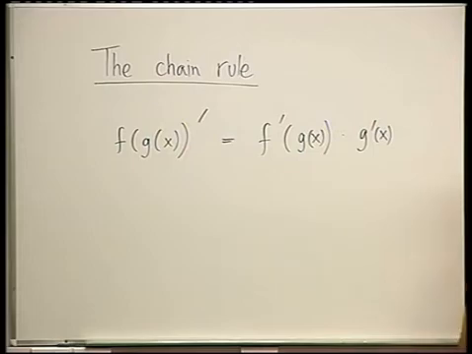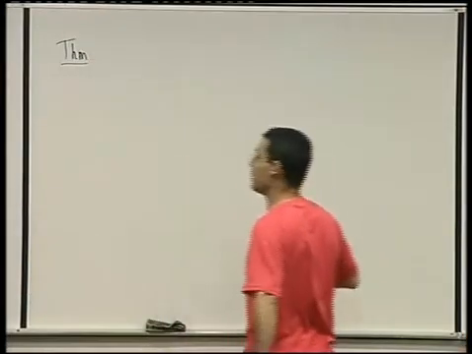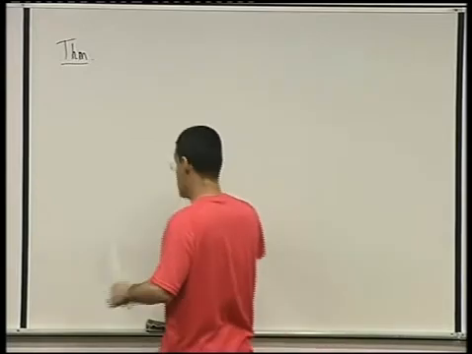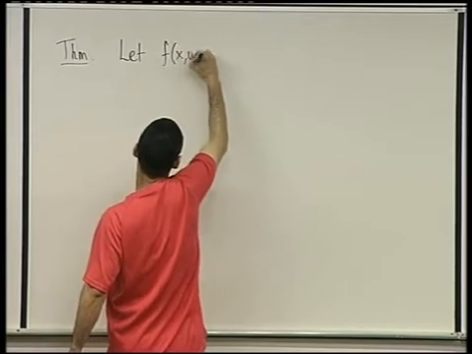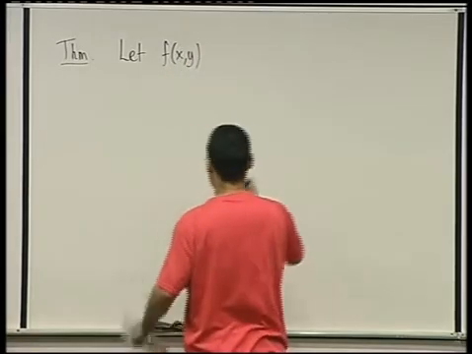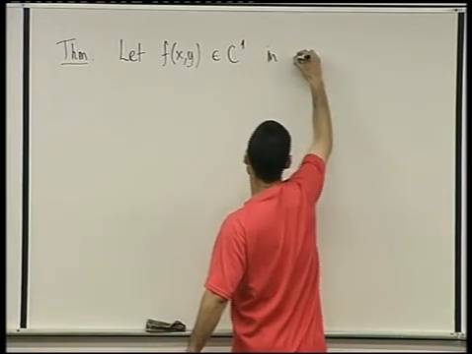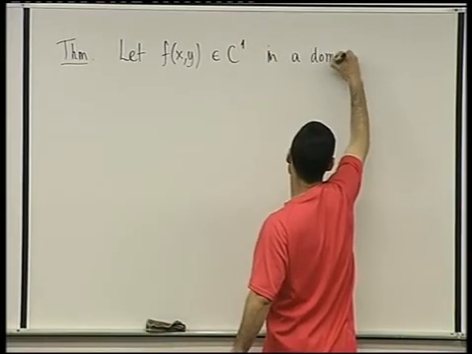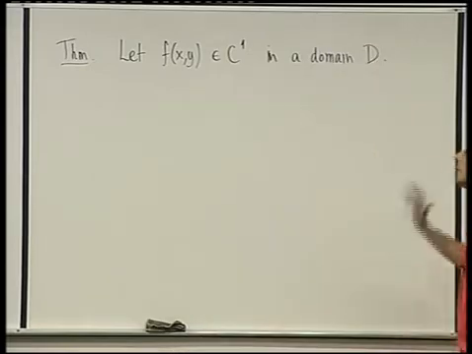Okay? So let's write the first theorem. I'm going to mention two theorems, but you can actually write a theorem for every possible composition. So let f(x,y) be a C1 function in a domain D. Okay, so we're looking at good functions.